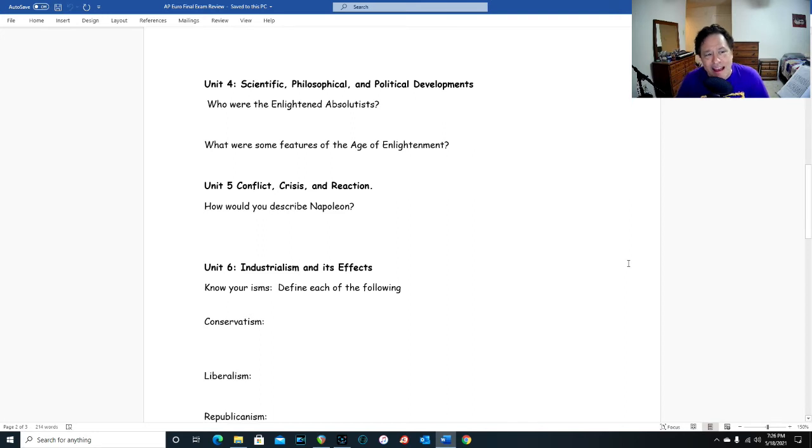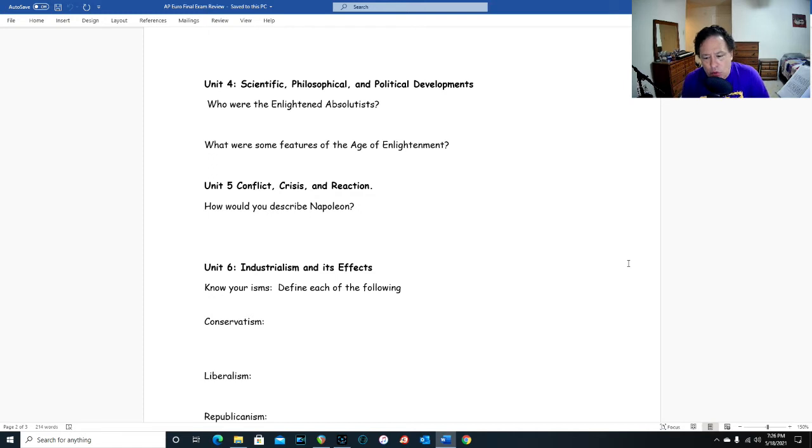Unit 4 was scientific, philosophical, and political developments, and it began with who were the Enlightened Absolutists. Well, and that kind of morphs Unit 3 and Unit 4. It kind of shows us where the two overlap a little bit.